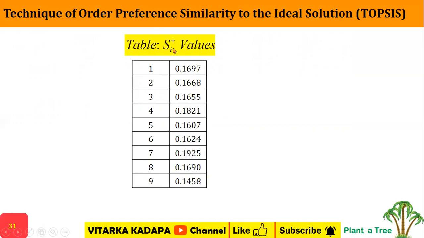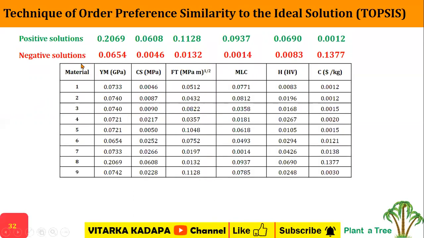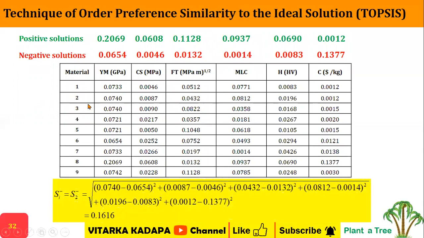Similarly we have to do it for minus also now. So for the negative solutions, I will take the second alternative. For the second alternative: 0.074 minus 0.654, 0.087 minus 0.046, 0.0432 minus 0.0132, 0.0812 minus 0.014, 0.0196 minus 0.083 whole square, 0.012 minus 0.113 whole square.